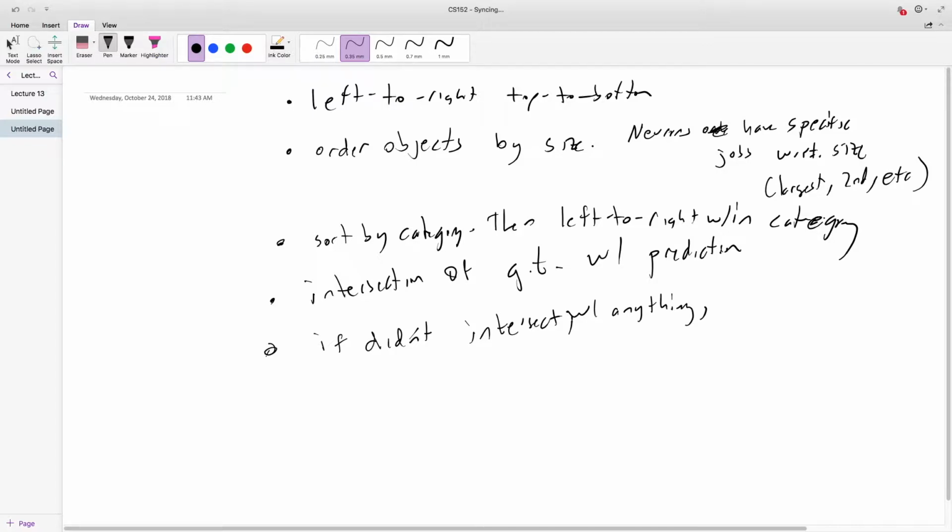And when you say don't count it, do you mean don't count it as part of our loss? Yes. When it doesn't match anything, it's not detecting any objects, so we don't count it. Okay. It's not a loss.